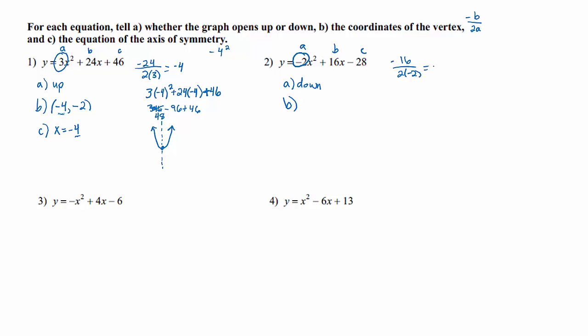So -16 over -4, which is +4. And actually, as soon as I know that, I can go ahead and fill in what c is. And then I just need the y value that goes with 4.